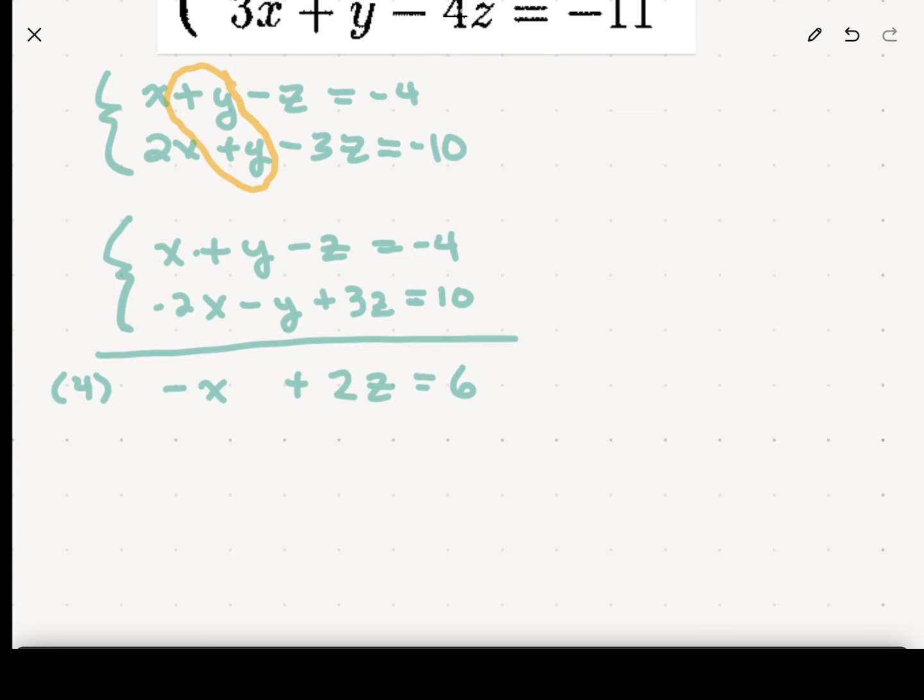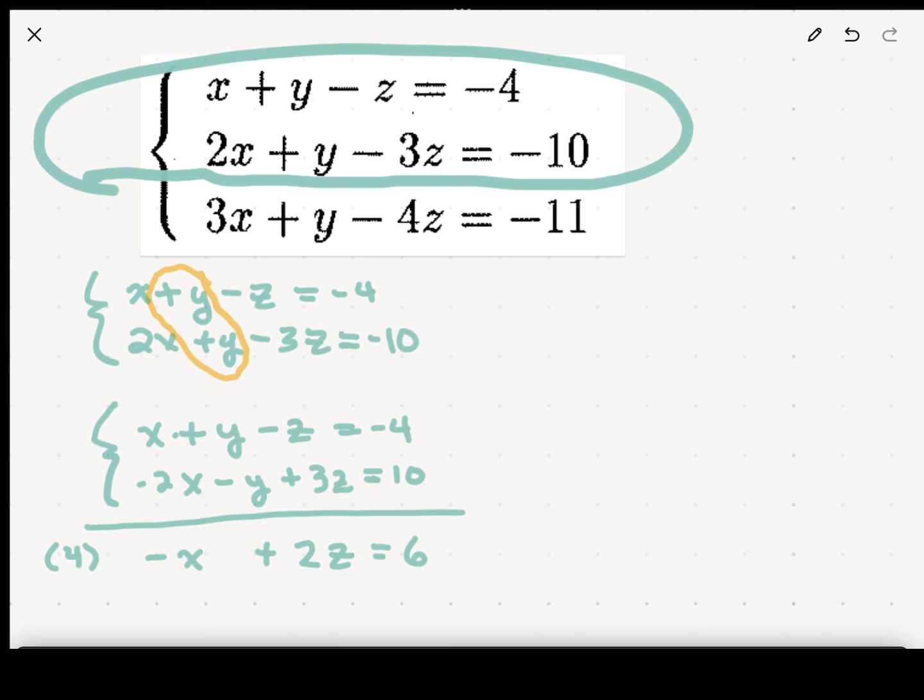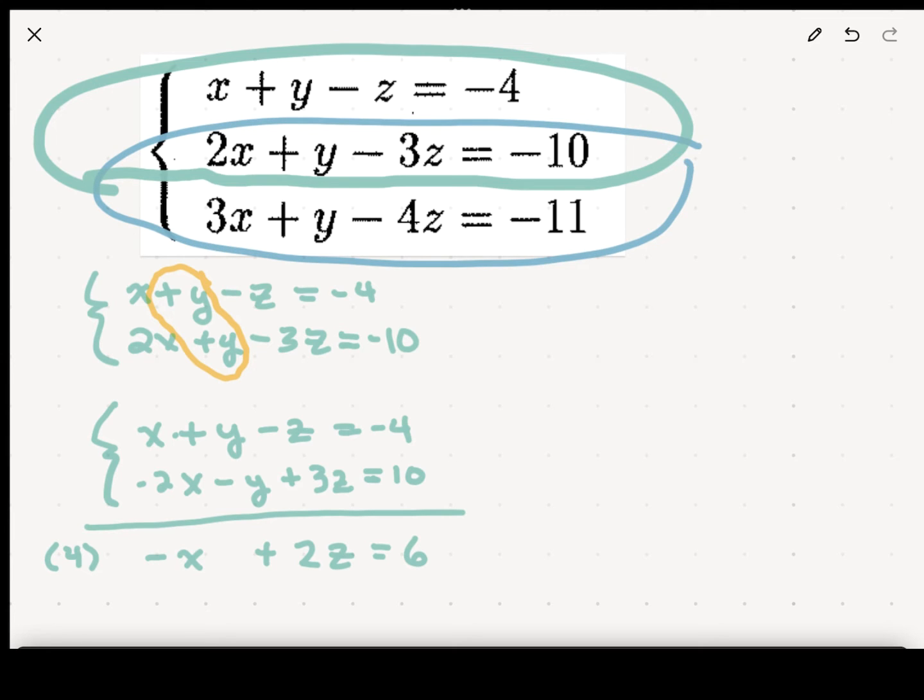Now I am going to go back to the original system, and choose a different pair of equations. I could either choose equations 1 and 3, or equations 2 and 3. It may be a little bit easier to work with equations 2 and 3, so I will pick up there.